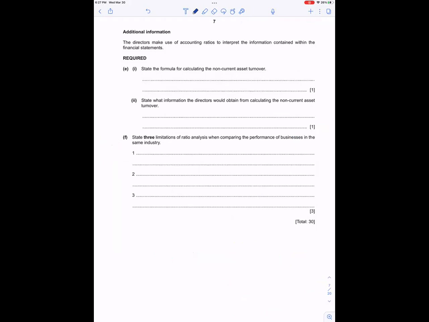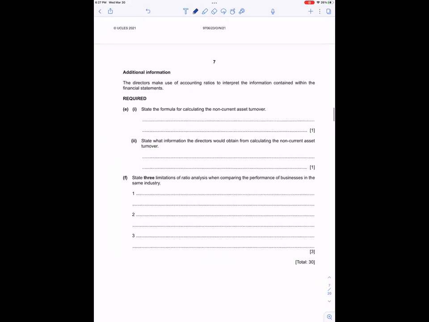What is the formula to calculate the non-current asset turnover ratio? Revenue divided by the net book value of non-current assets. State what information the directors would obtain from calculating the non-current asset turnover ratio.